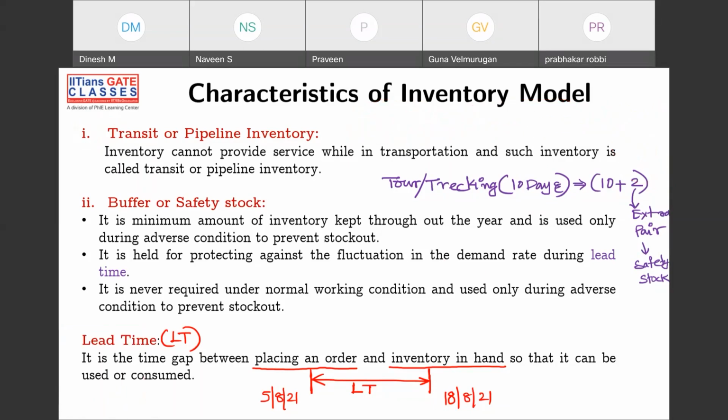Fine. Now, buffer or safety stock, very important. First, we have to understand what is safety stock. You can call it buffer stock, or also safety stock. A very good example for buffer or safety stock is trekking. Let us assume that we all are going for trekking, or a very nice tour, and we planned that tour or trekking for 10 days.